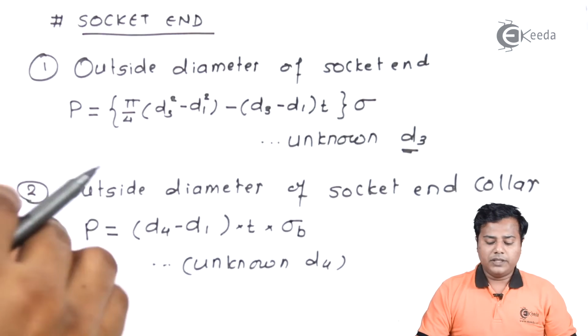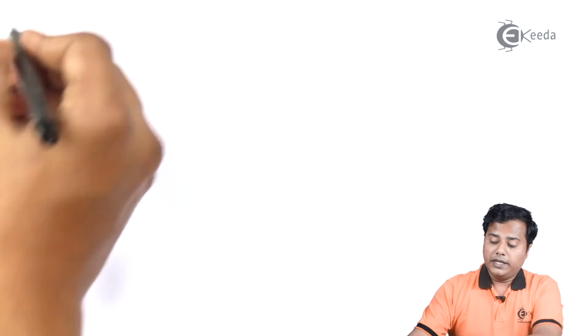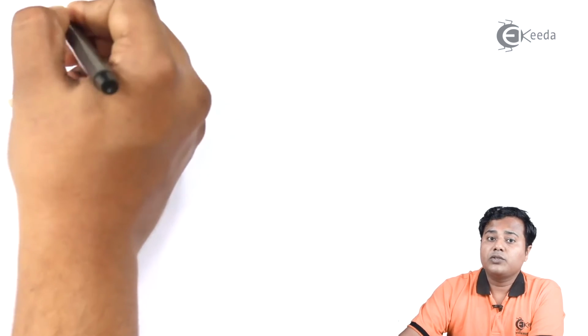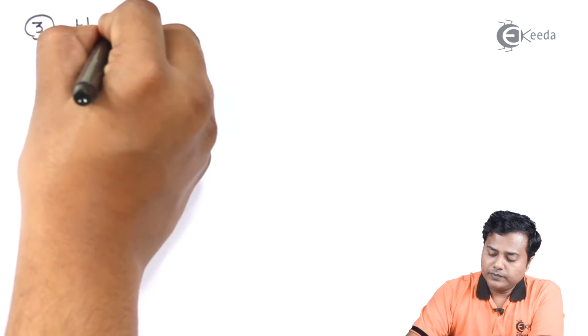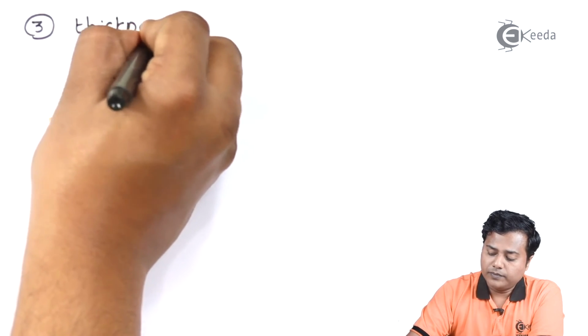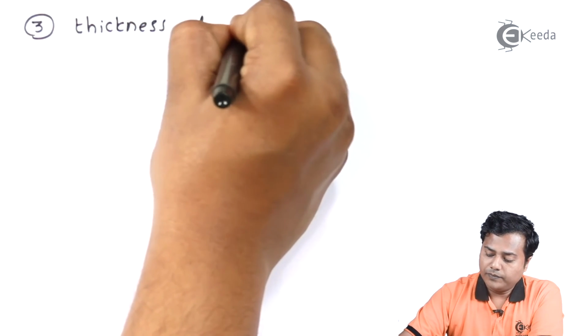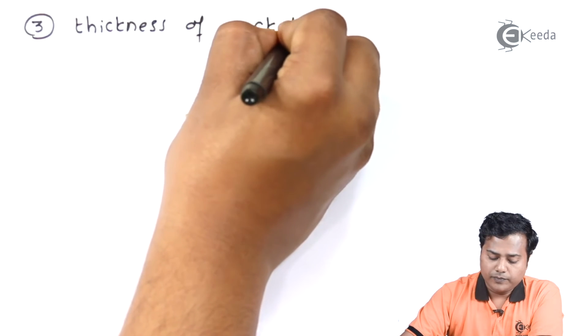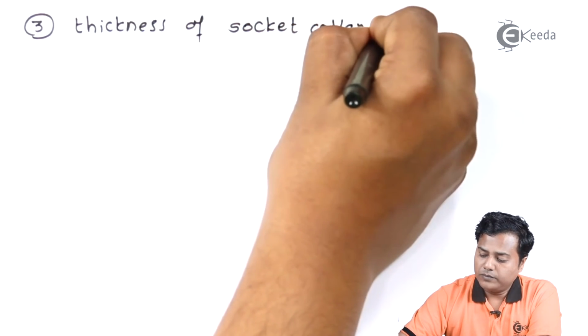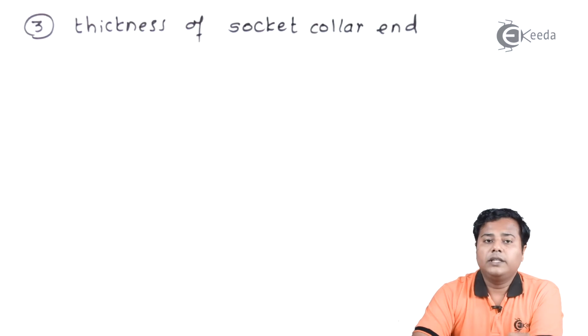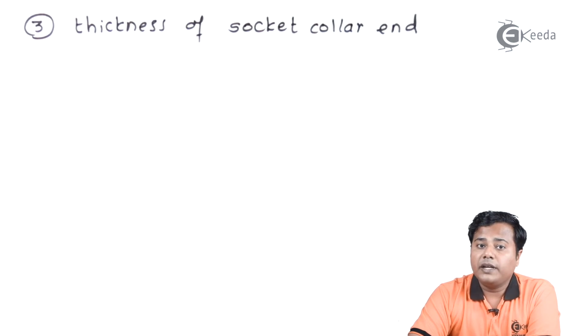Let's move ahead with the third formula, which is very important. It's called thickness of the socket collar. Now this thickness is again defined in terms of shear failure.